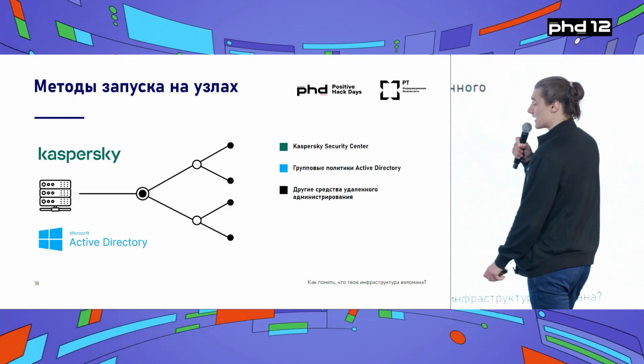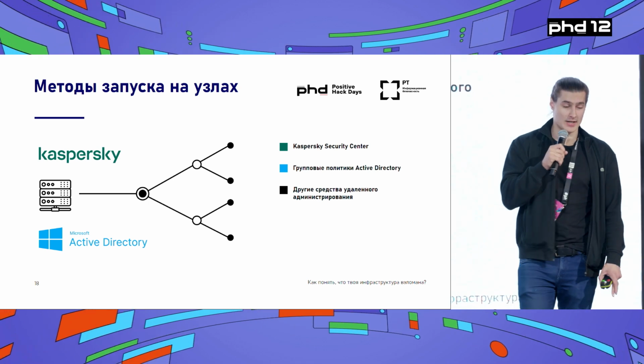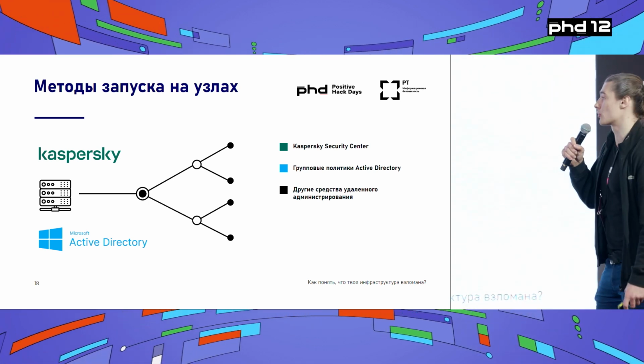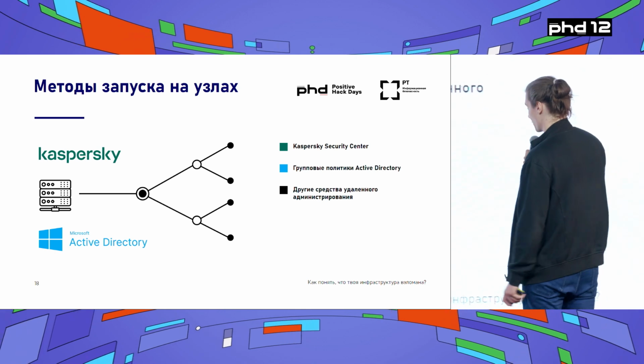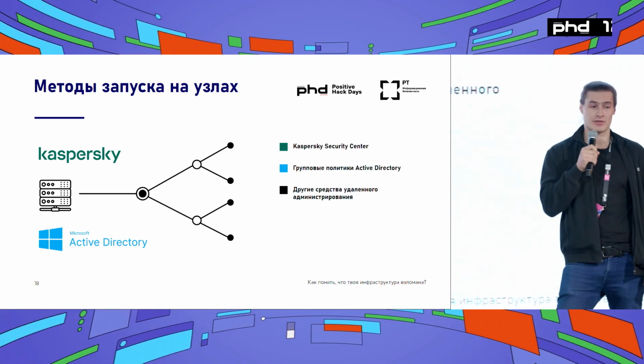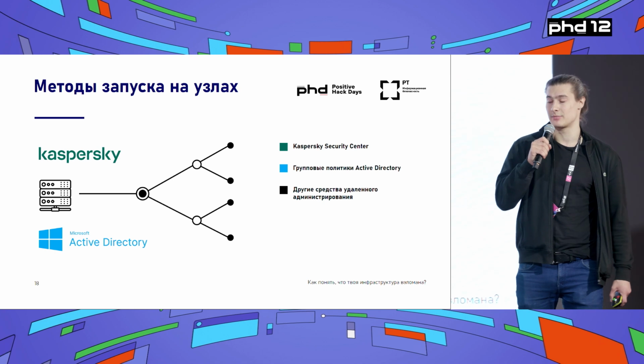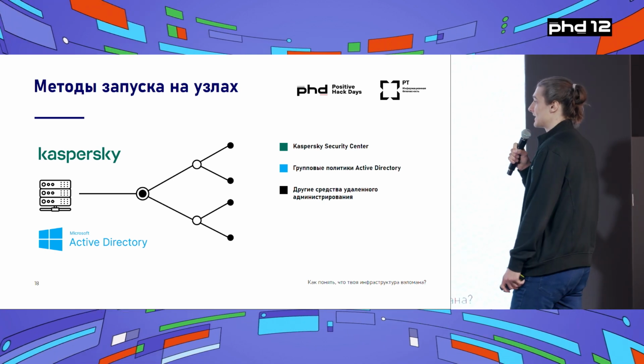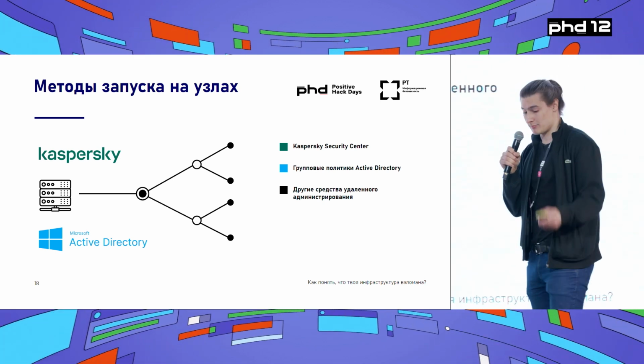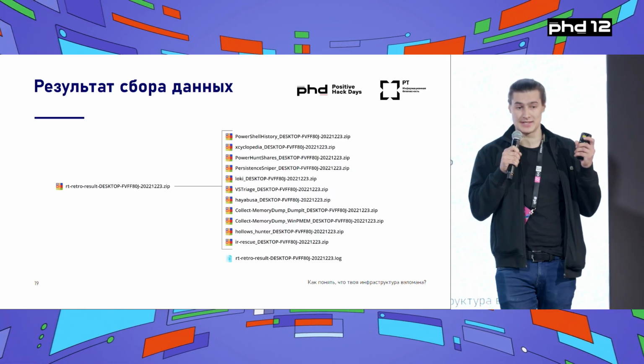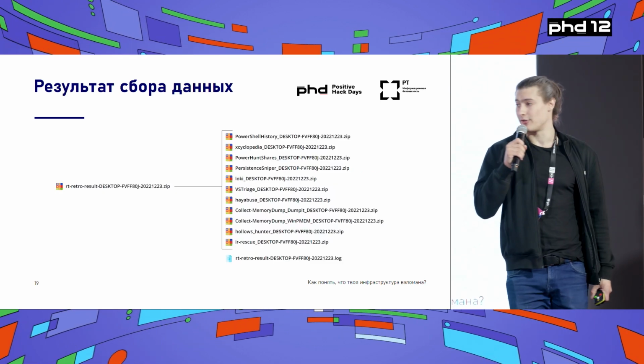Finally, we can proceed with centralized launch of data collection. This can be done by Active Directory, group policies, Kaspersky Security Center, and other means of remote administering. End of the day, we would get the data collected into files.